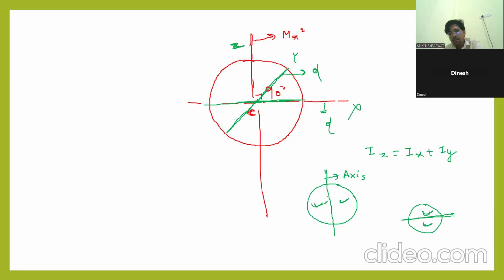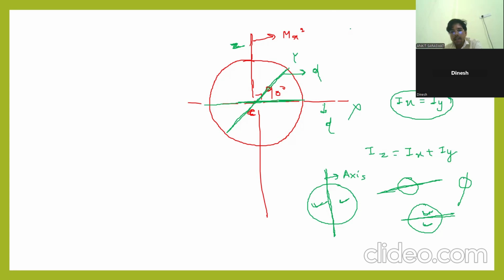If you take any diameter passing through the center, there is always symmetry. If symmetry is there, they have the same moment of inertia about either of the axes. Clear? Then Ix is equal to Iy.